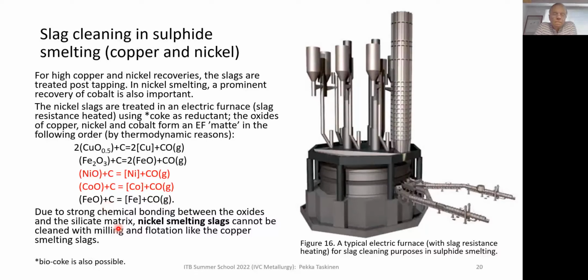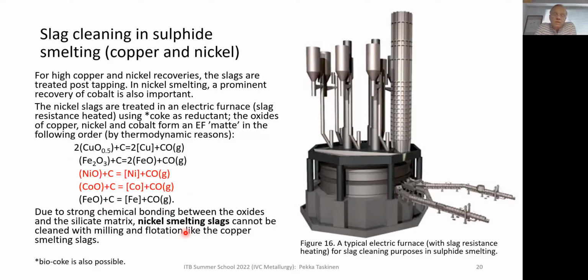So if we compare this chemical process of slag cleaning in the nickel industry, it is a must.